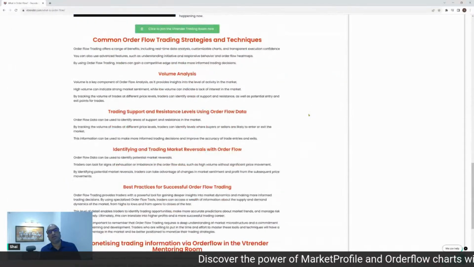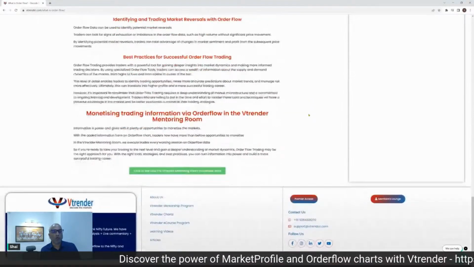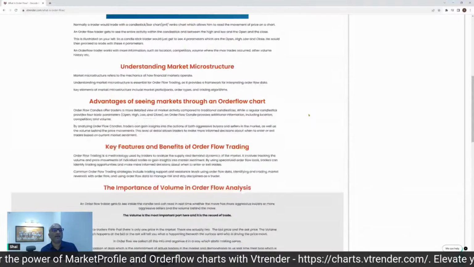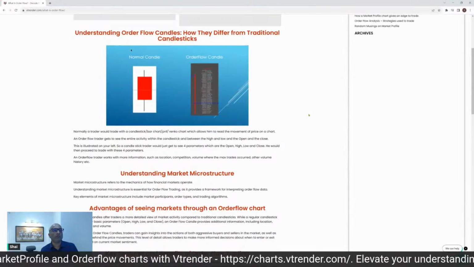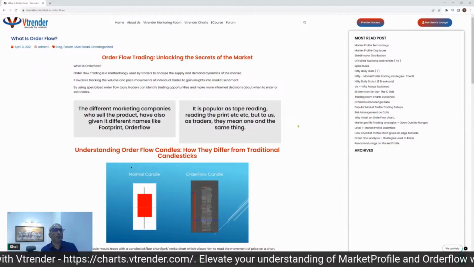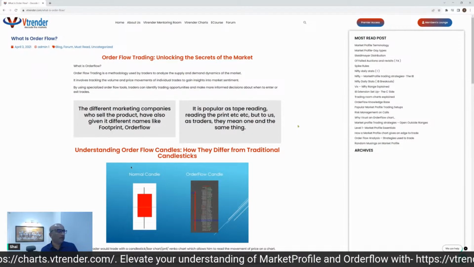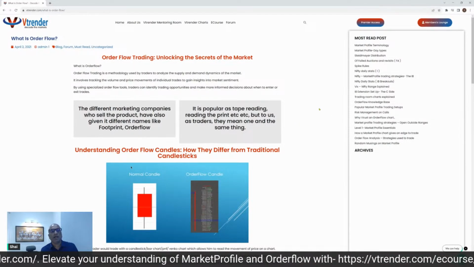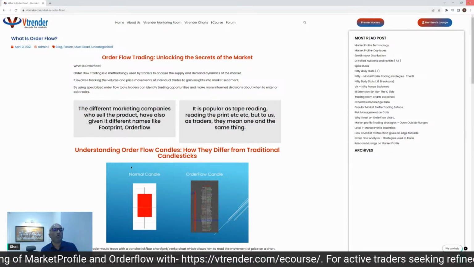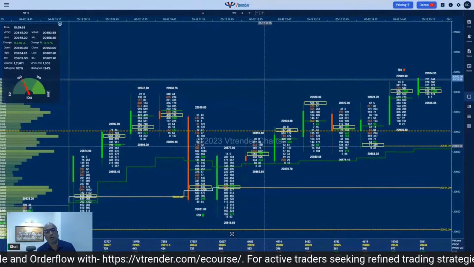Through this 3-part series, I intend to walk you through a lot more understanding about what the order flow chart is, right? So if you are beginning, I highly recommend that you bookmark this link, WeTrender what is order flow, and go through it, and you will understand a bit more about what order flow is all about.